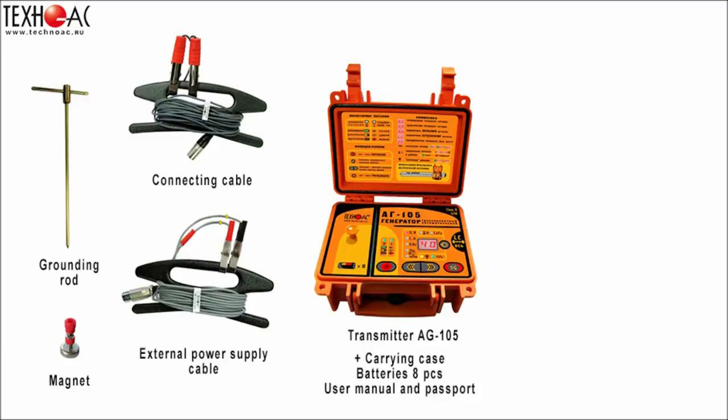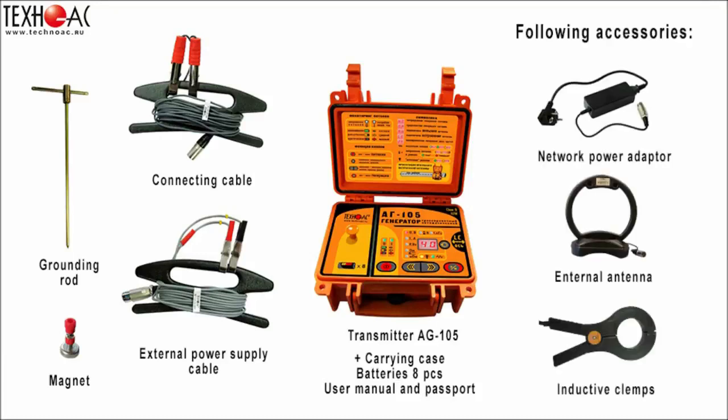The red clamp is positive and the black clamp is negative. A grounding rod used for creation of return current through the ground. A magnet used for connection of the wires to metal pipes. A carrying case. Batteries, 8 pieces. User manual and passport.